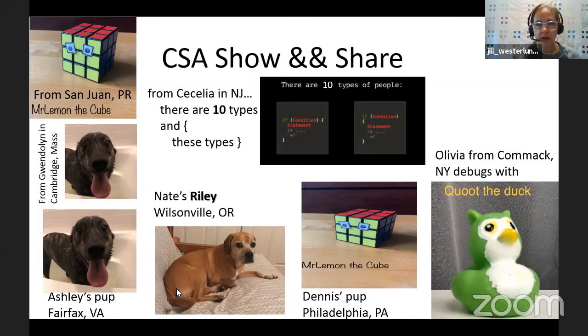I'm definitely the right-hand side of the two types of people. Sorry, I'm more of a left. You're the left. See, there we go. We complement each other so well. I'm figuring that Olivia's teacher in New York probably does the debugging with the rubber ducks. We might do some rubber duck ArrayList in a couple of weeks. So thank you all for sending. Oh, I see Mr. Lemon's got duplicated too. Who knows what's going on? I don't know what happened. Dennis's dog is a poodle. I'll fix that on Monday too, but it's like a standard poodle or maybe a poodle doodle or something, sitting on a couch. I remember that.